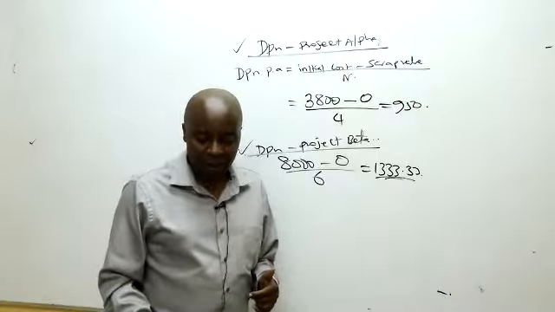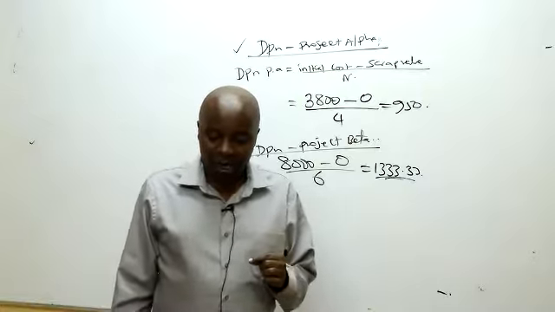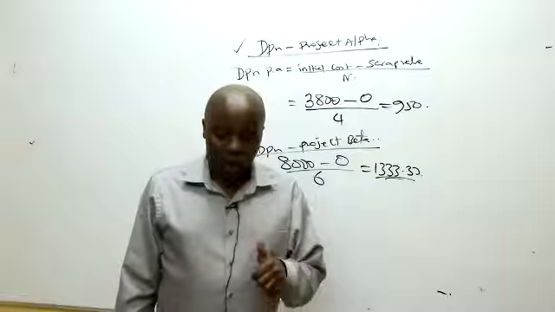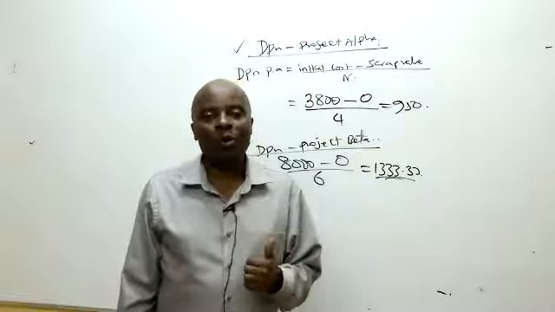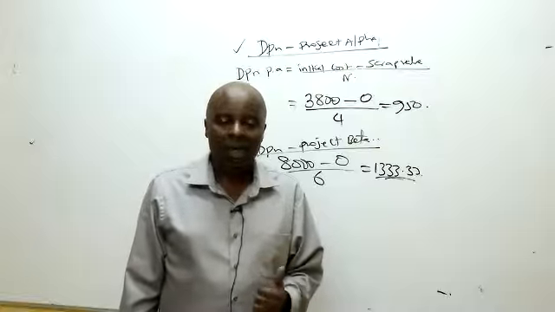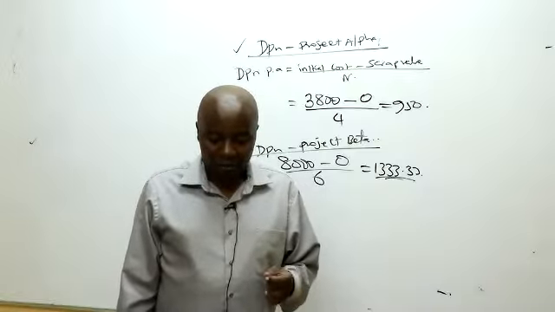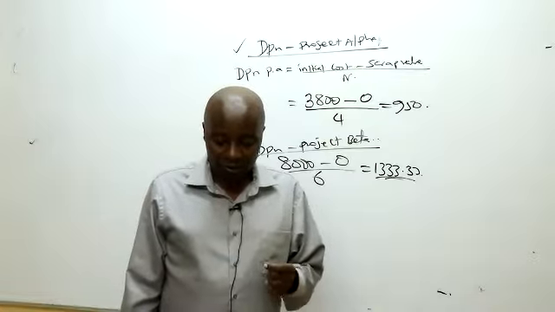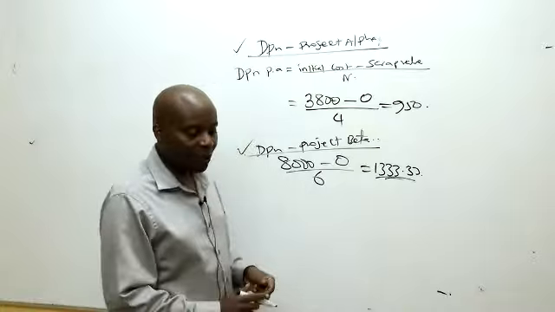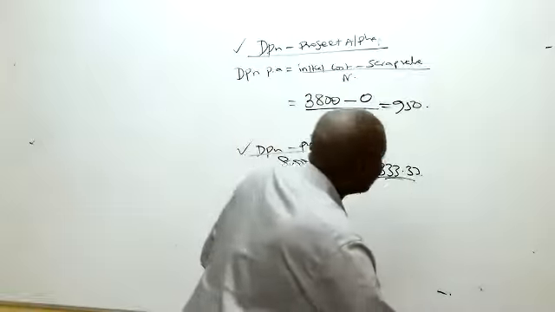Now, ladies and gentlemen, look at the question required using the discounted payback period method. So the key thing there is discounted. And remember, we do not discount profit. We normally discount cash flows. So you can see they have given us the Project Alpha pre-tax cash flows.